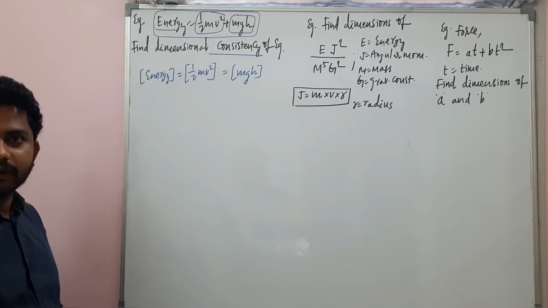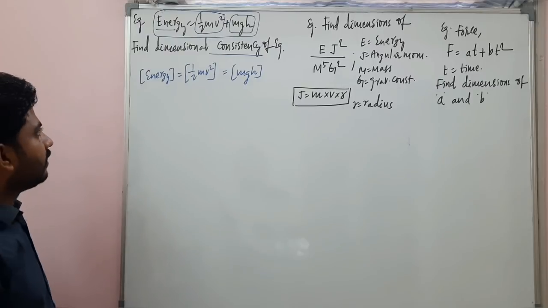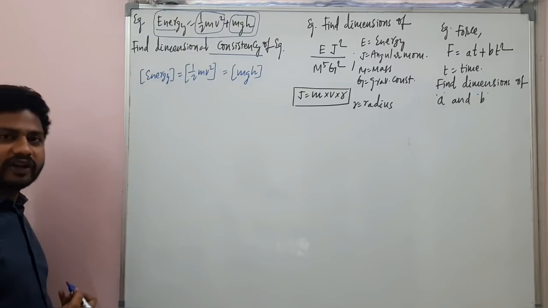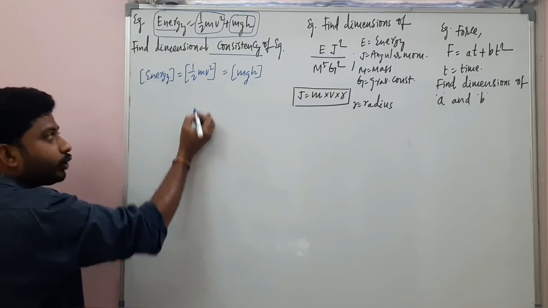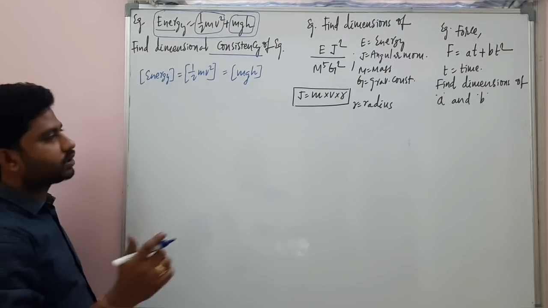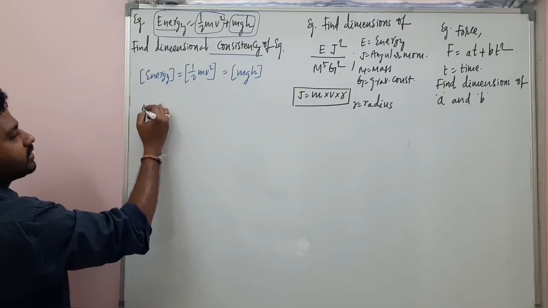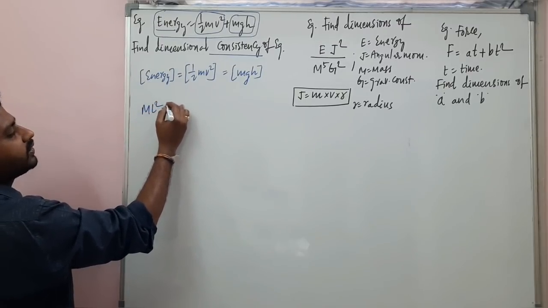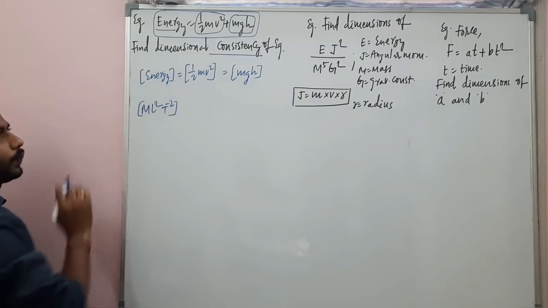When the final equation is satisfied like this, that's called dimensional correctness of the equation. Energy dimensions are M L squared T to the minus 2.